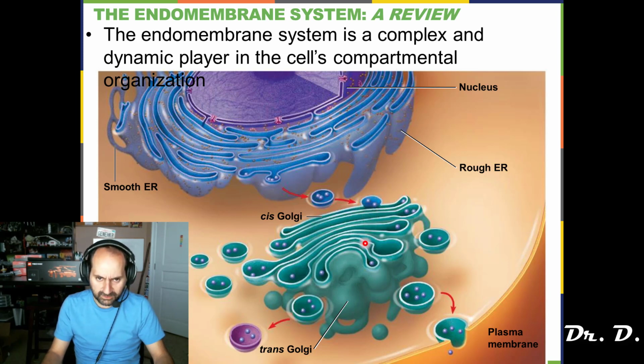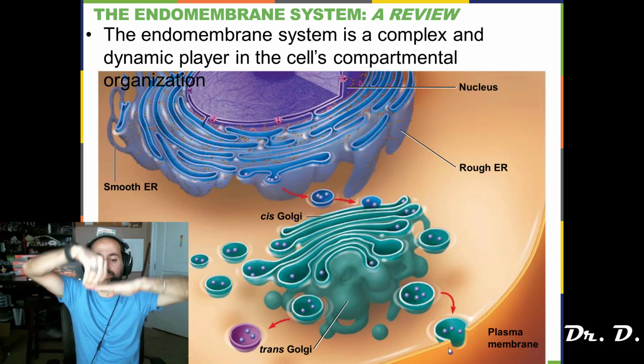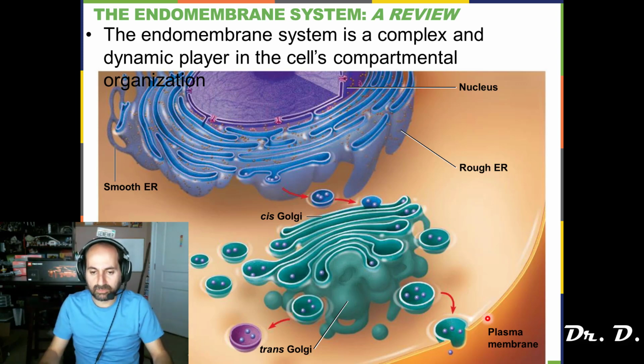Those proteins make their way to the trans face of the Golgi, at which point the membrane can pinch off into a secretory vesicle, which can fuse to and become one with the plasma membrane, or those vesicles can just float off into the cytoplasm, becoming their own organelles, such as a lysosome or maybe a peroxisome, and just float off into the cytoplasm.